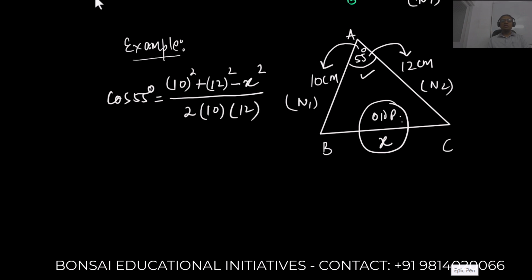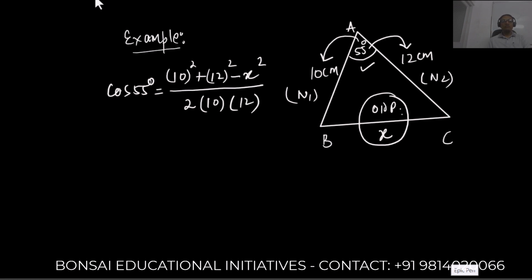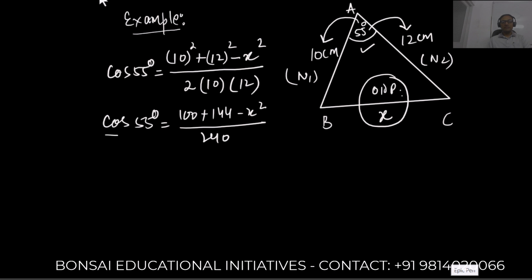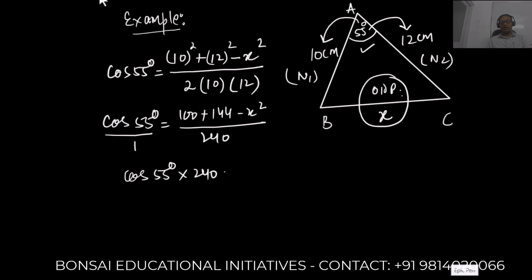So this is the equation which we have formed, and now we have to solve this equation. So here we can solve as cos 55 equals 100 plus 144 minus x square, and the denominator comes out to be 240. So this is the fraction, and how we are going to solve this, I will write cos 55 times 240 equal to, I will add these two, this comes out to be 244 minus x square.